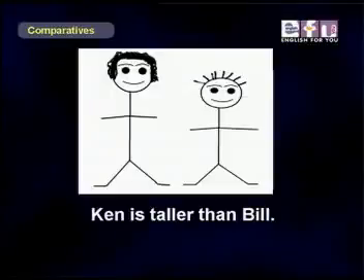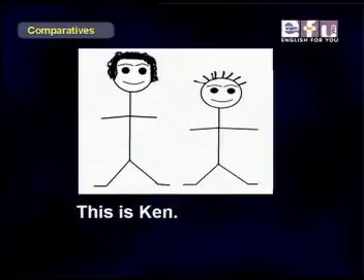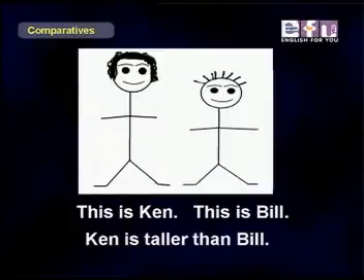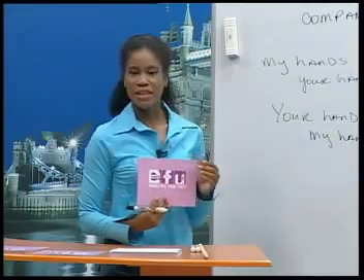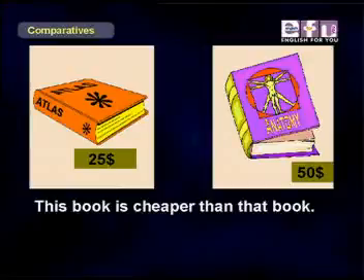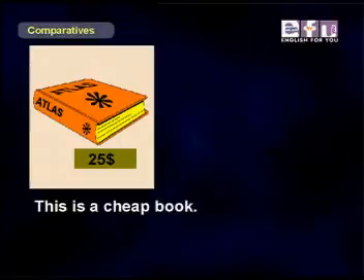So again, we said Ken is taller than Bill. This is Ken. This is Bill. Ken is taller than Bill. In the next example, we see this book is cheaper than that book. This is a cheap book.